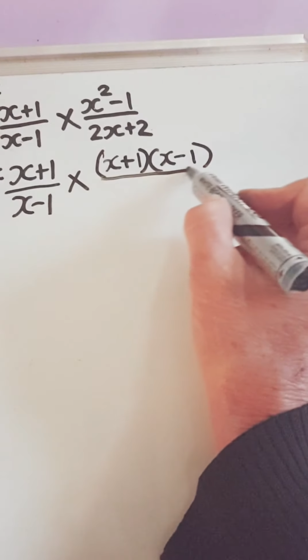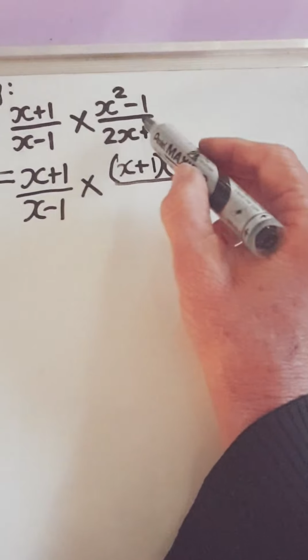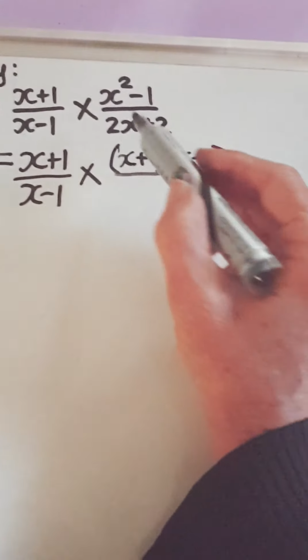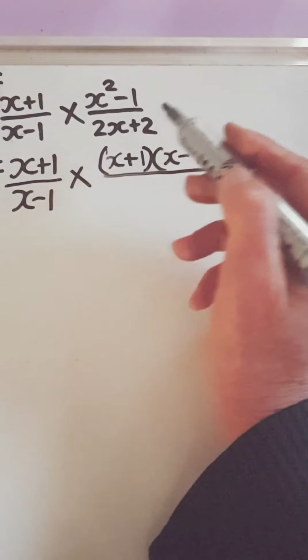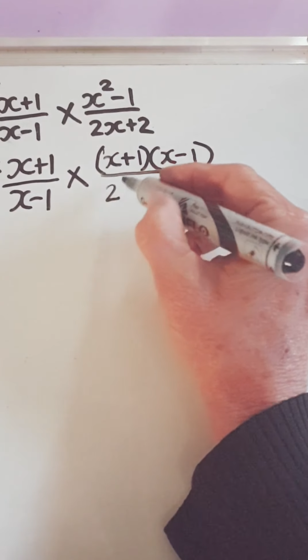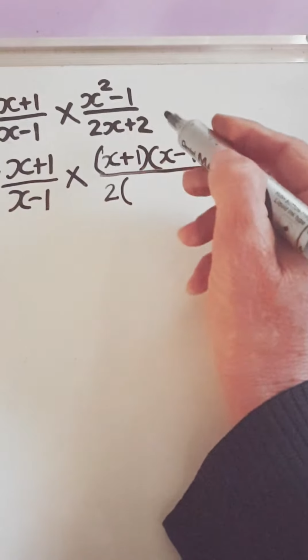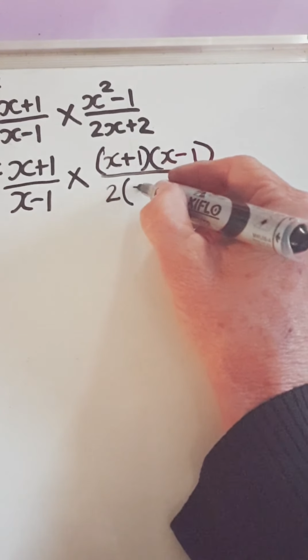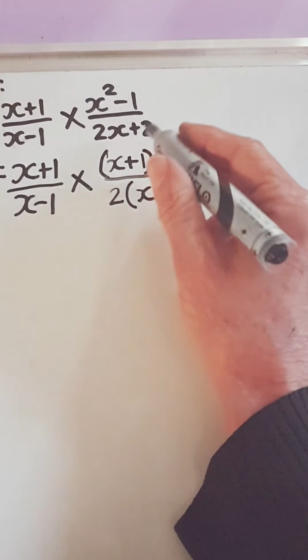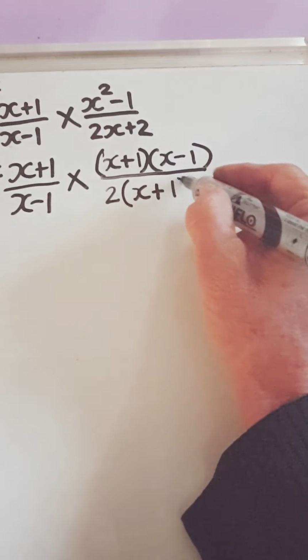So the numerator is factorized. Under the line, in my denominator, I have 2 terms, and I have a highest common factor. So I'm going to take that out, the 2 out, divide the 2 terms with the 2. I get 2x divided by 2 is just x, plus 2 divided by 2 will be 1.